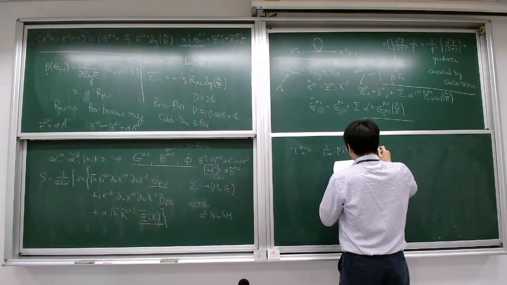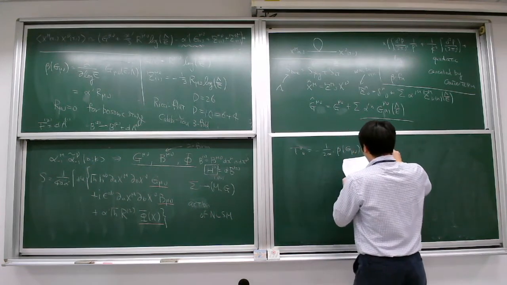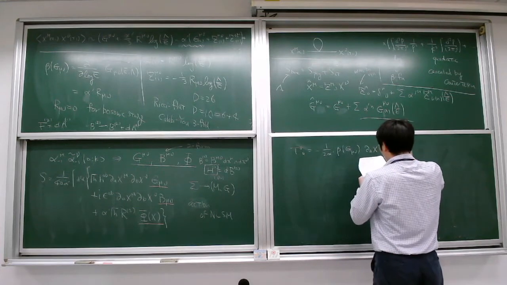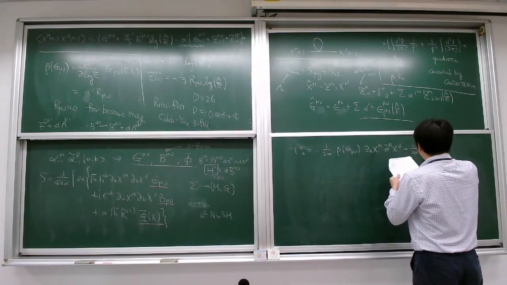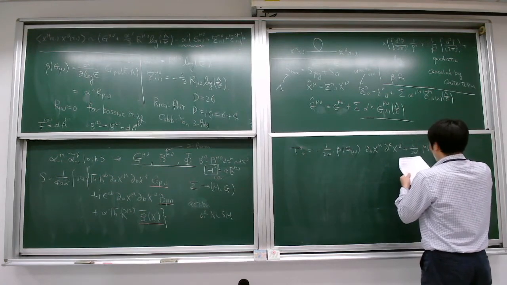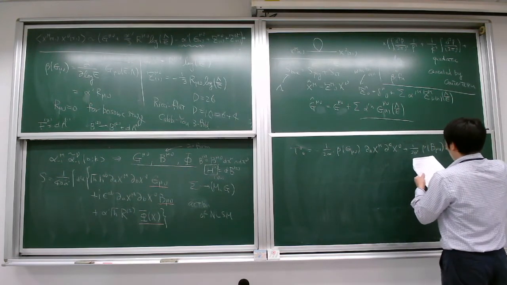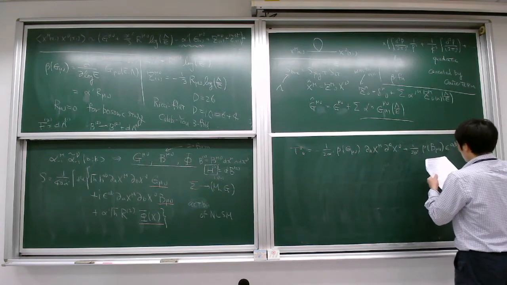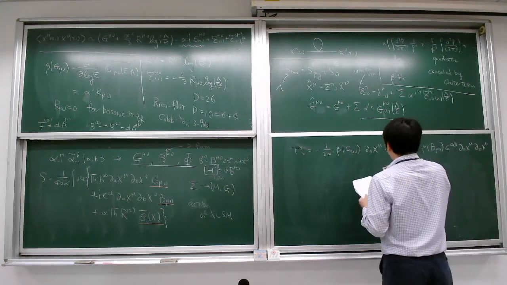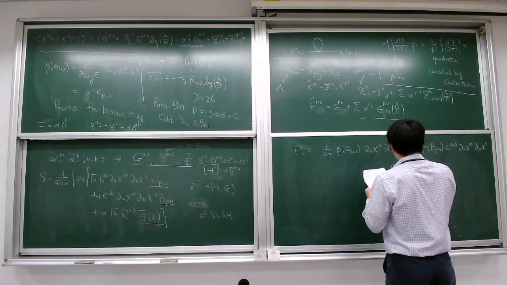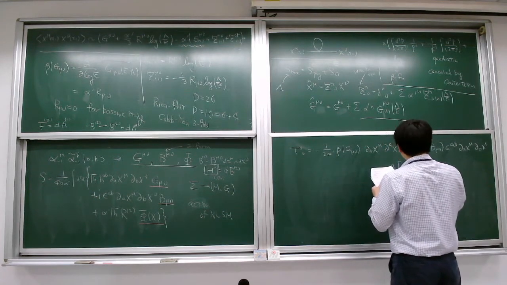I've already become lazy. Oh, there's a typo in the lecture note. Plus i alpha prime beta B mu nu epsilon AB partial_A. So you have to consider all the perturbation theory for this massless mode.